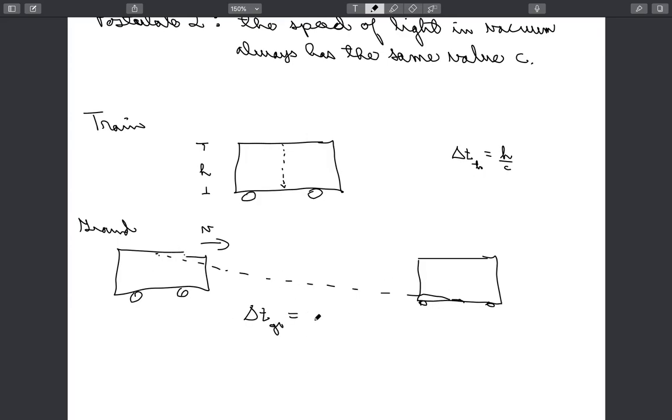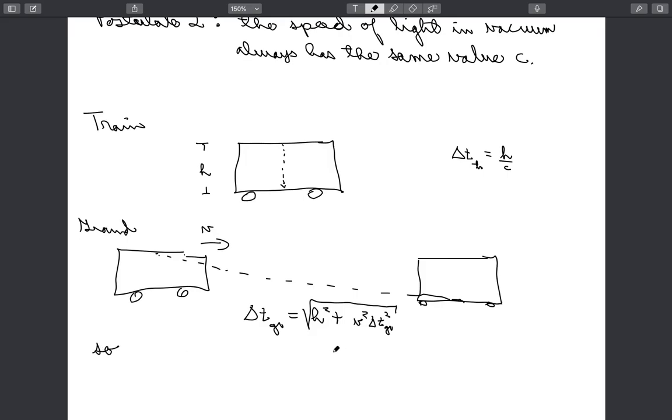But the distance traveled is really the square root of h squared plus v times delta t ground, all squared, all in the square root. Okay, so what does that mean?